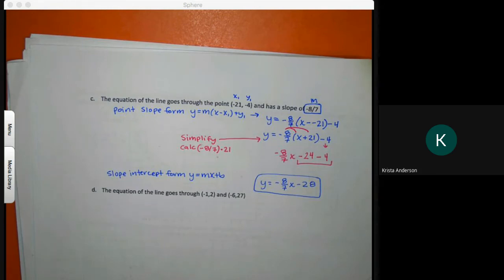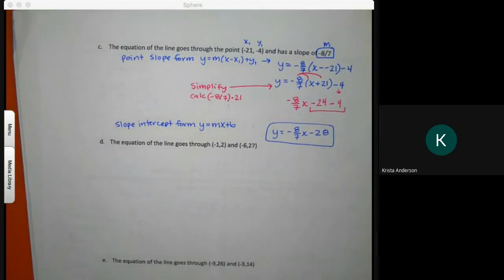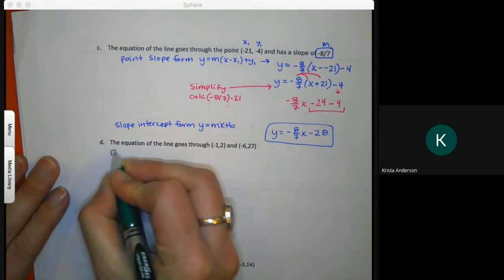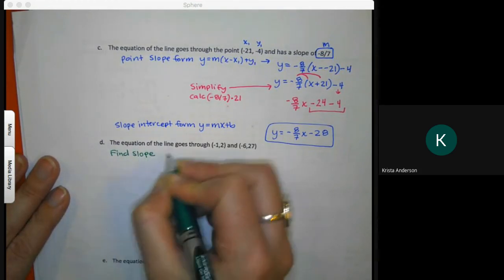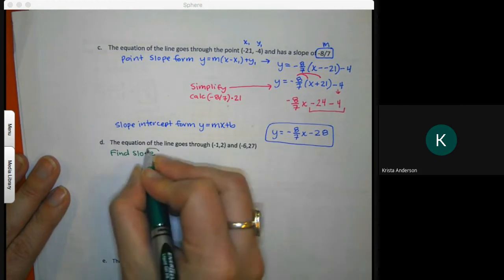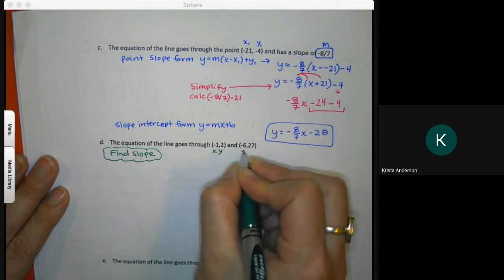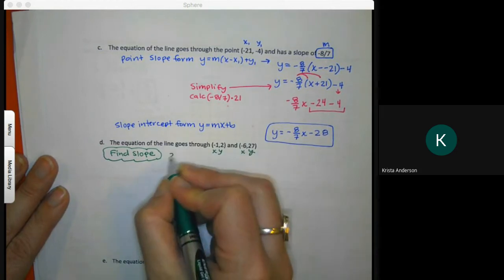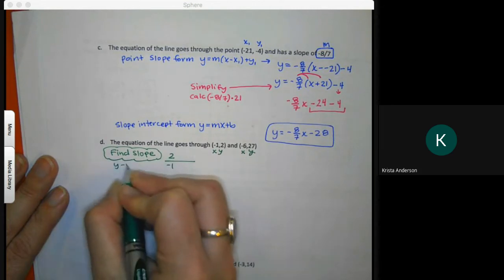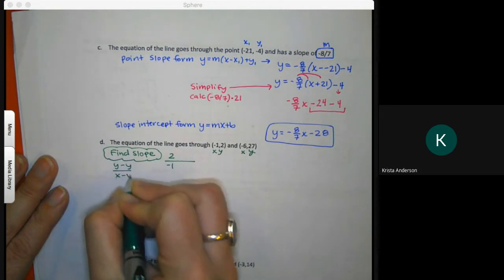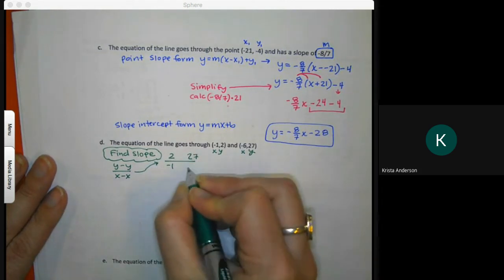All right, question D. It does not give me a slope. I need to find one. So I have an x and a y, x and a y. I'm going to do 2 over -1 and a 27 over a -6.